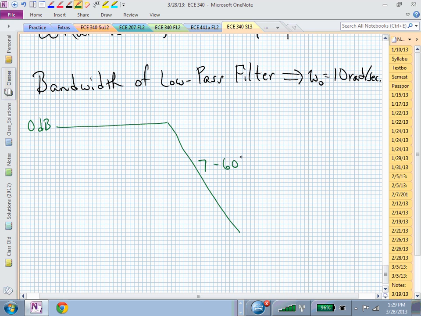For this example, it's minus 60 dB per decade, and this particular point where our two straight lines meet is our cutoff frequency, or our bandwidth. That's the omega naught, equal to 10 radians per second, and that's our cutoff frequency.